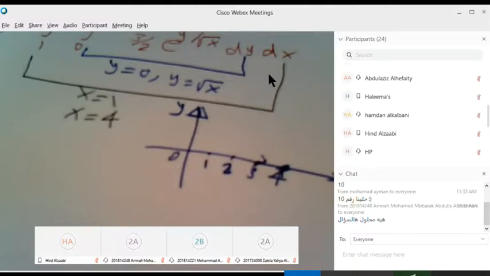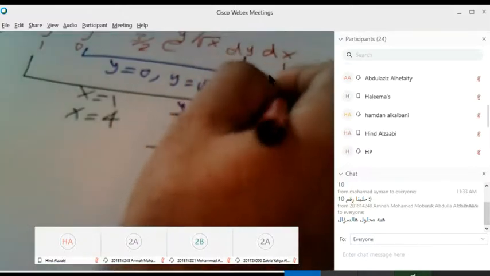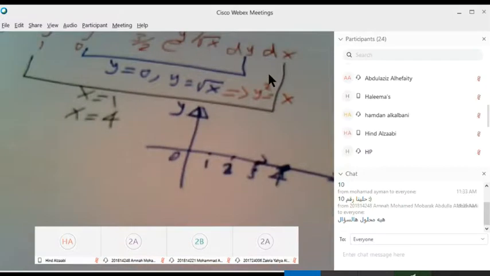What is the equation of this one? The equation is y squared equal to x. This is a parabola, but is this parabola vertical or horizontal, open to the right, to the left, or up and down?